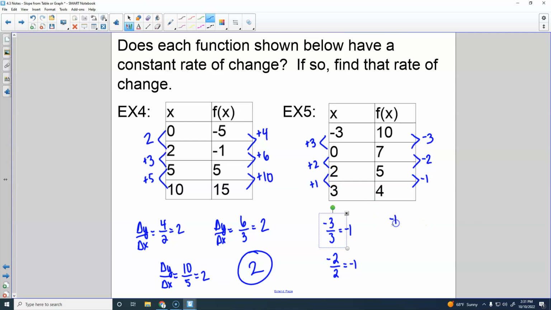So that would be negative 1 divided by 1, which is, again, negative 1, right? So this one does have a constant rate of change. You should have gotten negative 1 for that rate. Okay, questions?